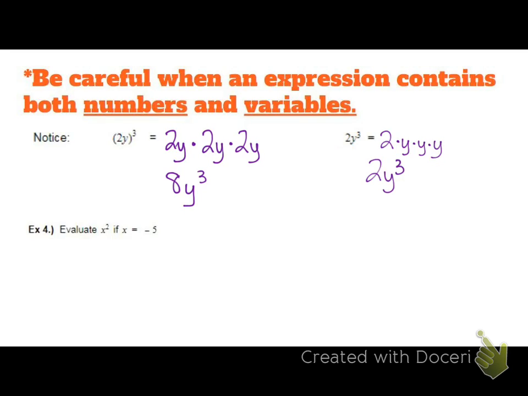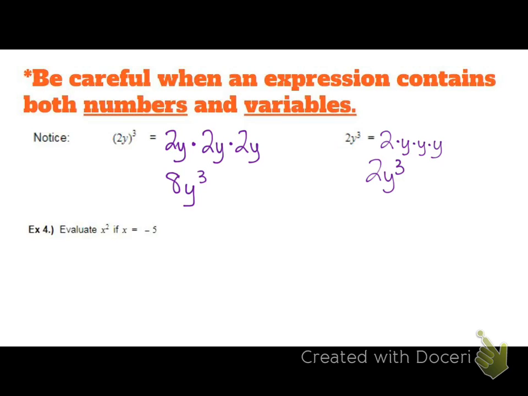So the parentheses make a really big difference on these. So make sure you're paying attention. Does the exponent belong to the number and the variable, or just part of it? We have questions about the difference between those situations. Okay, that's one of the biggest sources of errors in this chapter. Not paying attention to our parentheses.